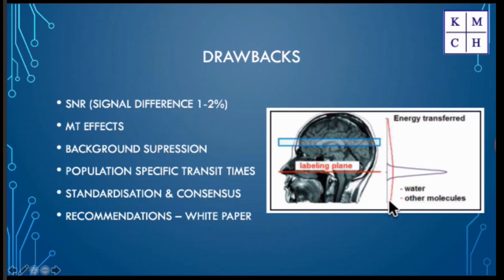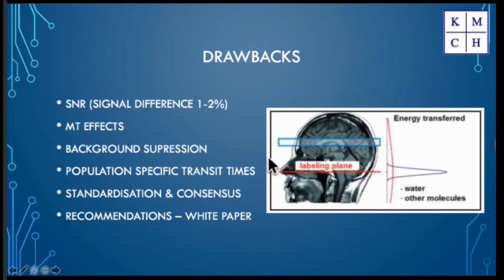But these get affected and they produce a disturbance in the signal, and this is called an MT effect. So we need to have certain modifications in the ASL protocol to account for the MT effect. Second, most importantly, we need to suppress the background signal or the static tissue signal. So these two requirements are seen in every technique of ASL.